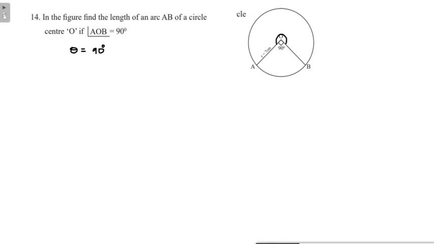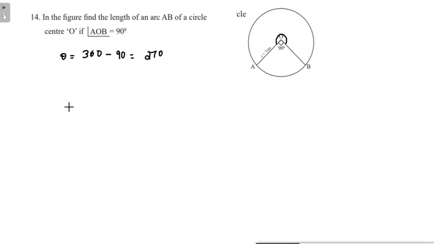So for that, theta will be equal to 360 minus 90. You have to do that first. 360 minus 90 is equal to 270. Okay, 270. So now when you take 270, you have to apply the formula.